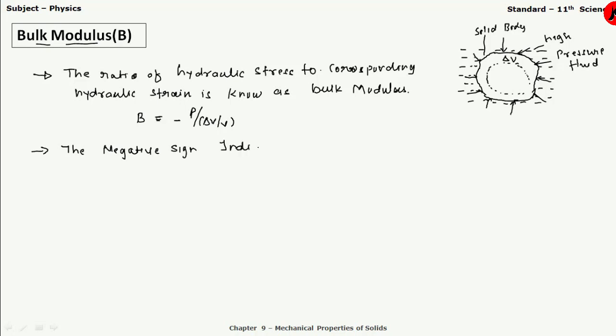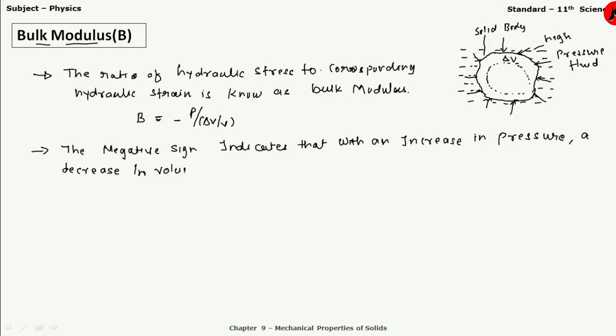The negative sign indicates that with an increase in pressure, a decrease in volume occurs.